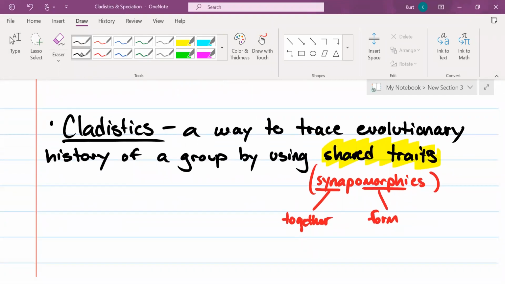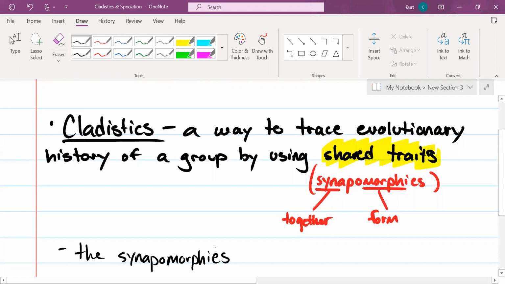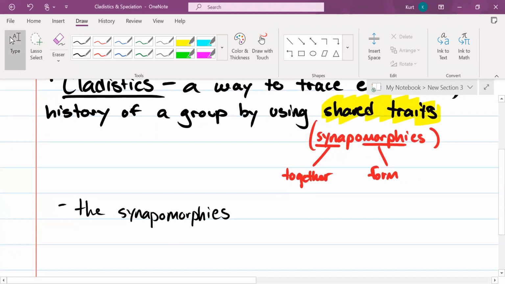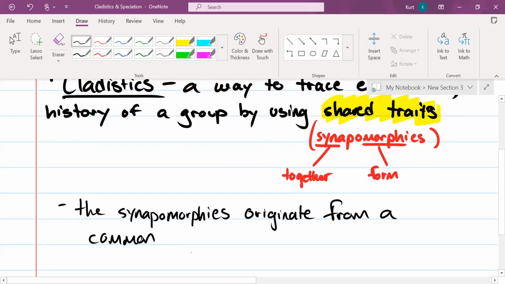Okay, let's continue. So these synapomorphies originate from a common ancestor, and they can be refined and modified as time goes forward. But the basis of those traits or trait are from a common ancestor.